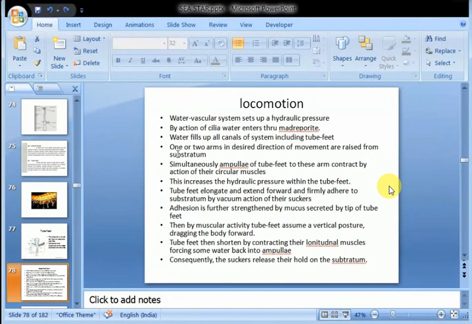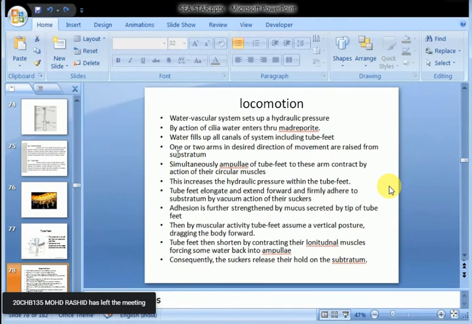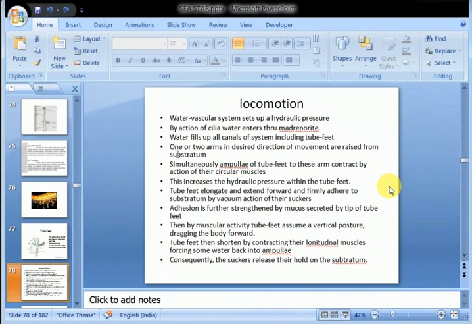Because this is a 5-arm structure, if it needs to move in one direction, there will be 1 or 2 leading arms. Once they are fixed on the substratum, they need to detach, and then they are raised.